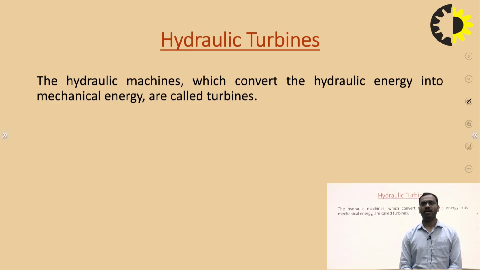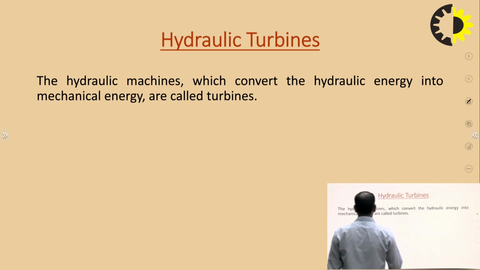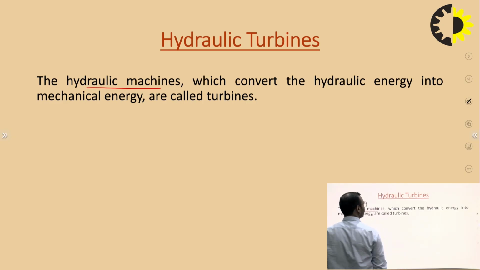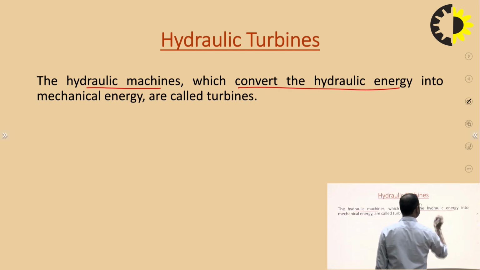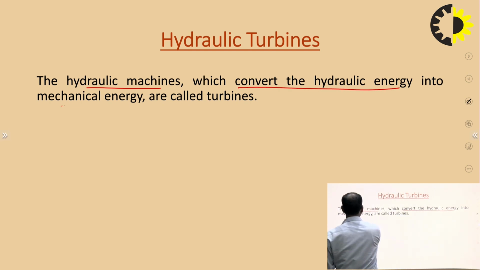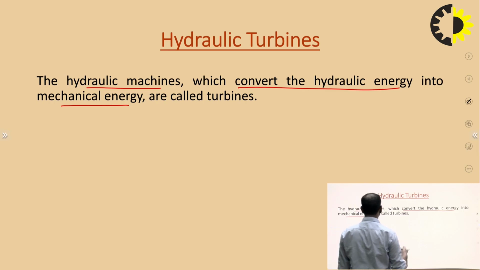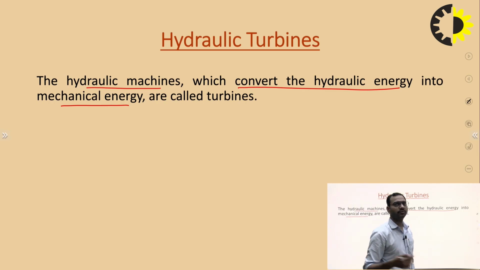First of all, I will discuss what hydraulic turbines are. Basically, hydraulic turbines are hydraulic machines which convert hydraulic energy into mechanical energy, and further this mechanical energy is utilized to propel the generator which produces the electric current.